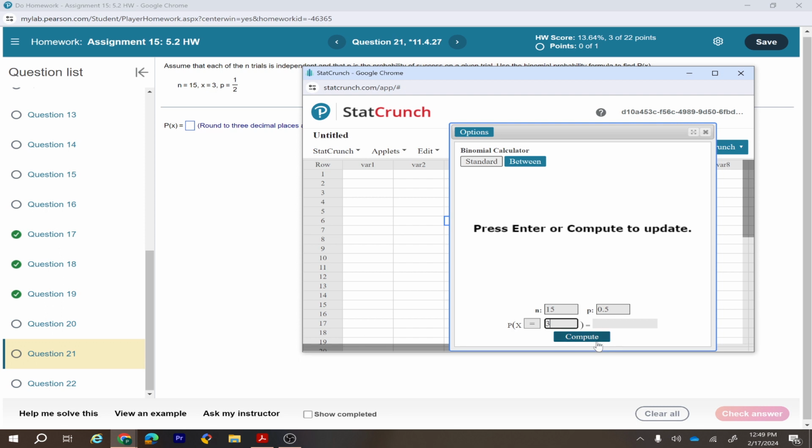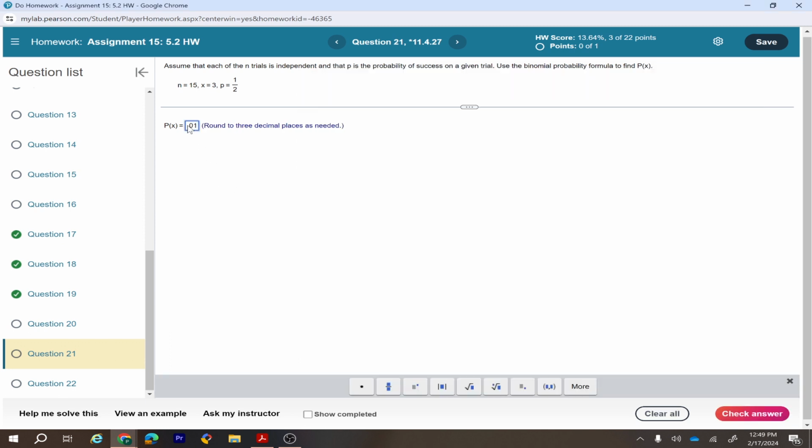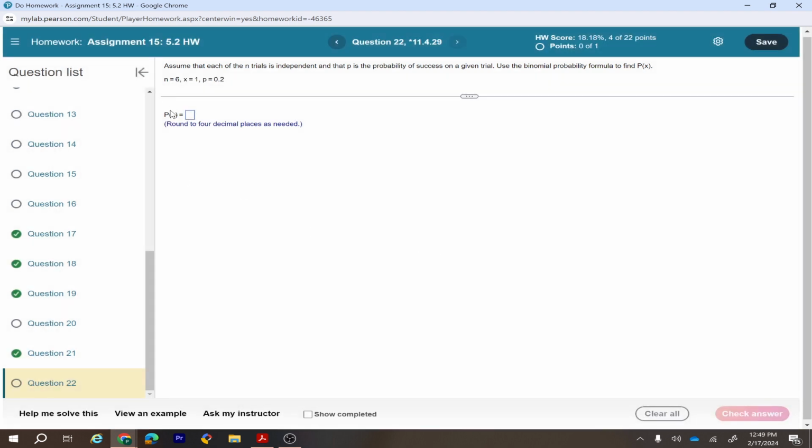When you fill in this information, this is your probability of success when x is exactly 3, which is 0.013. Rounded to 3 decimal places, 0.014. Great, so that's how we can calculate binomial probability using StatCrunch.